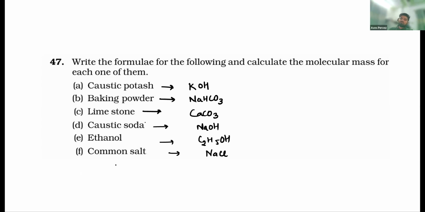So calculate the molecular mass of this one and this one. Do it fast. What is the molecular mass of potassium?